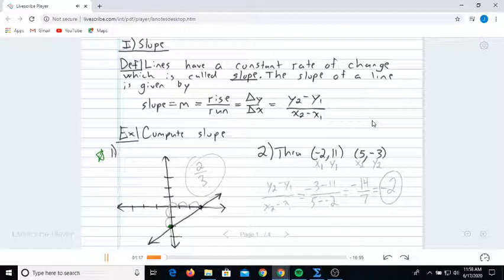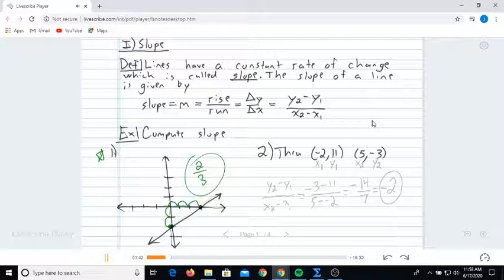I'll start with the lower point, and notice I'm going up 2, so I rise 2 over run 3. 1, 2, 3. So you can see I went up 2 and over 3. So that tells you the pitch or steepness or rate of change of this line. Going from point to point, you're going to go up 2 units and over 3 units.